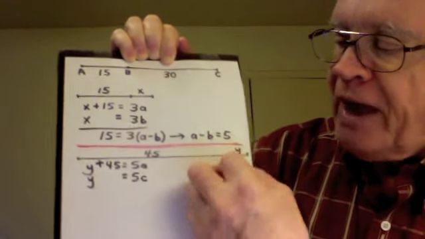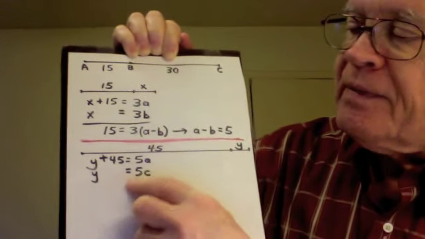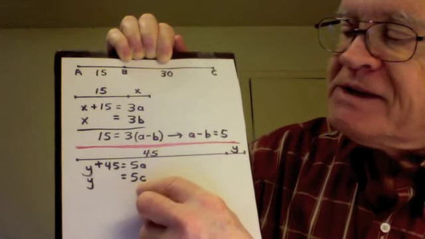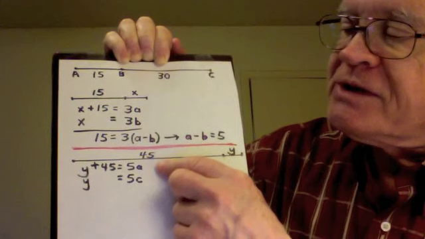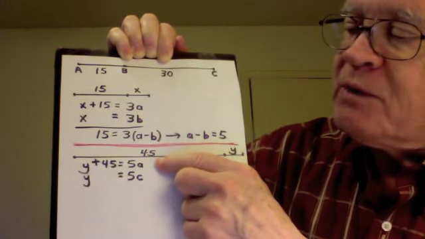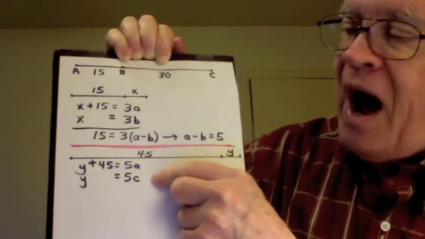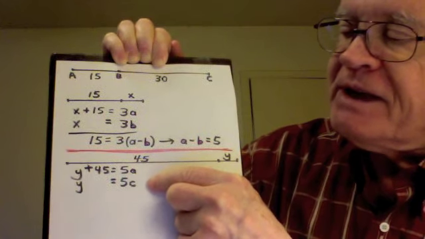For Carla, we have just y equals 5 seconds times Carla's rate, c. So we have the two equations y plus 45 equals 5a, y equals 5c.